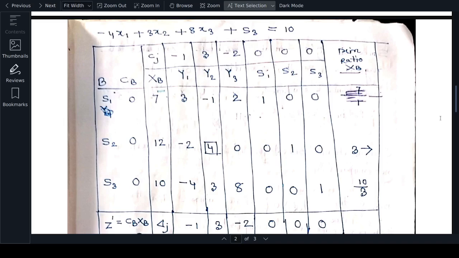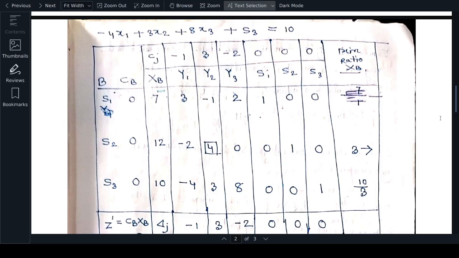Roshni, here three equations, six variables. Then how to solve this problem? Take x1, x2, x3 as 0, then we will find out the values of s1, s2 and s3. Yes, good.